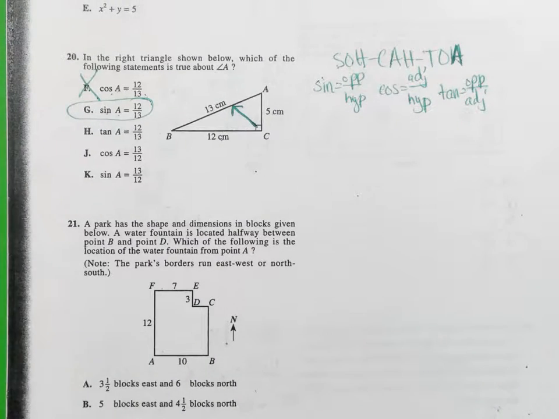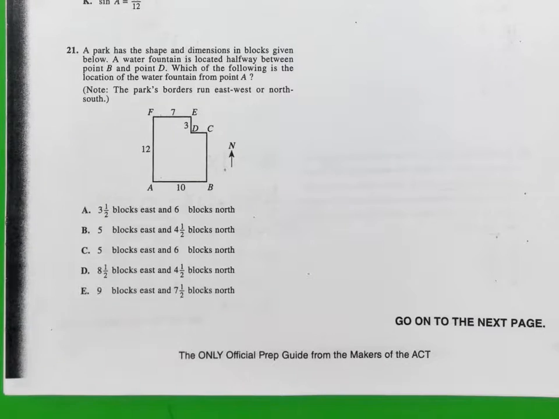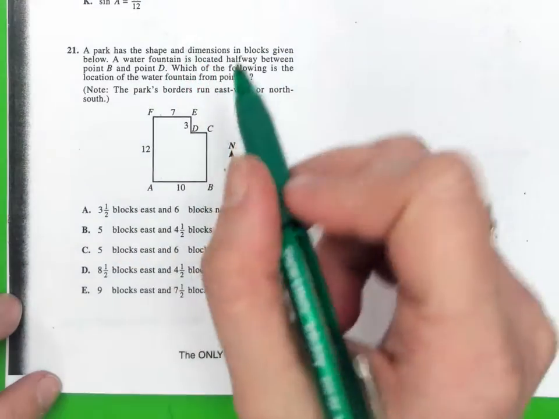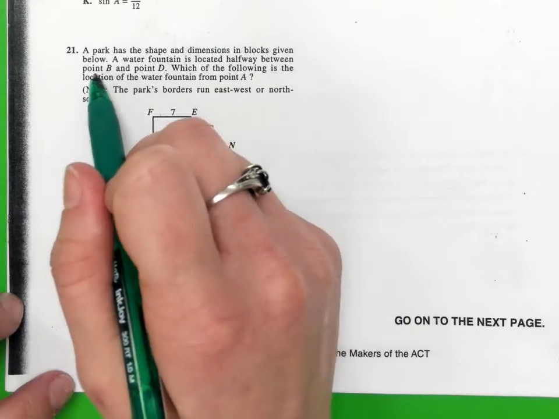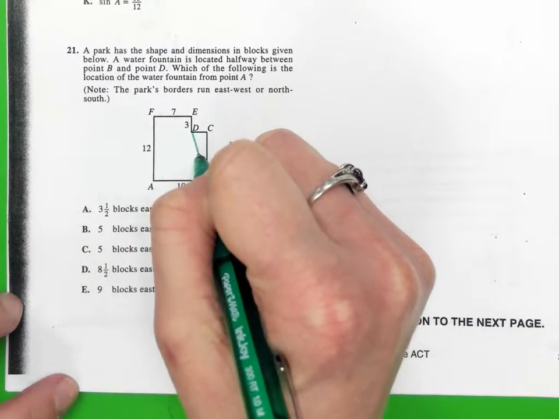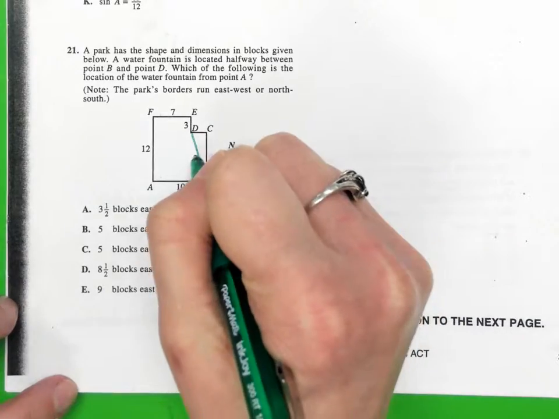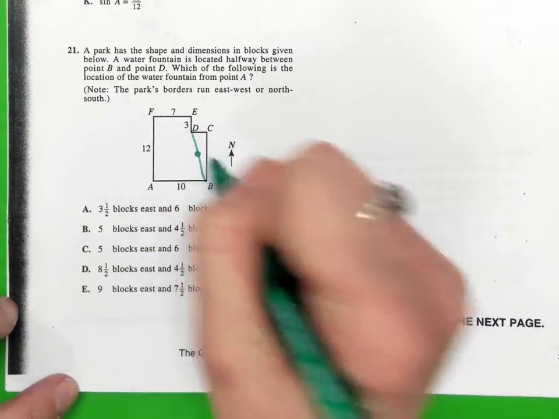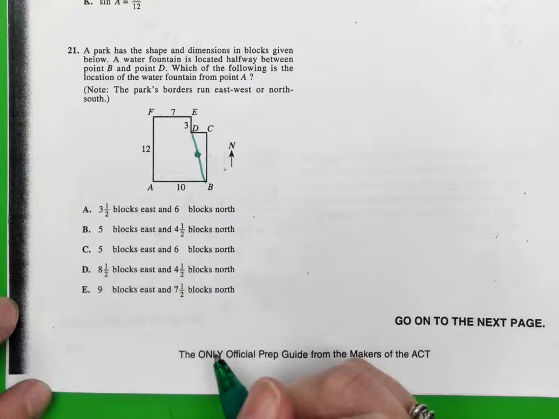Okay. All right, so what do we have? We have a park in the shape, dimensions, and block, given the water fountain is located... All right, so look at what it says. It says that the water fountain is located halfway between points B and D. So if you draw a little diagonal right here, then the water fountain is located halfway between those, okay?